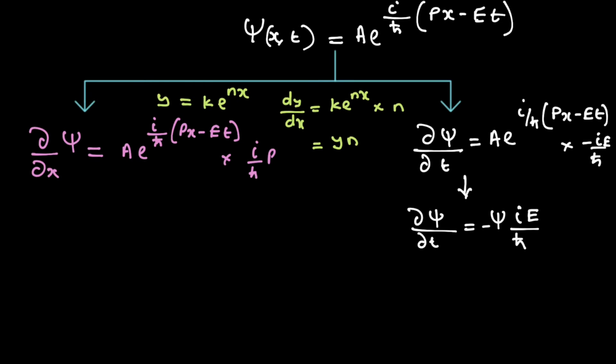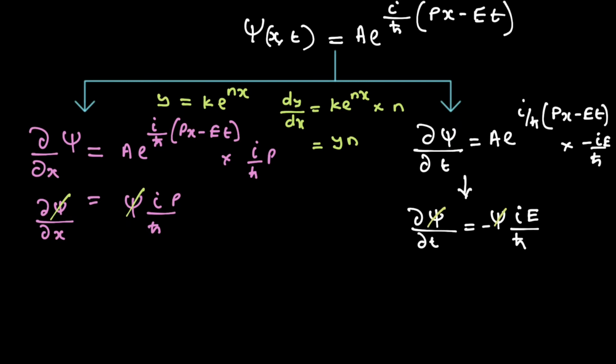Likewise, if you do the same thing here, you get the partial derivative of psi with respect to x. Again, that's psi there, so that's psi i p over h bar. Now, the psi here we cancel with that one. Likewise, psi here we cancel with that one.